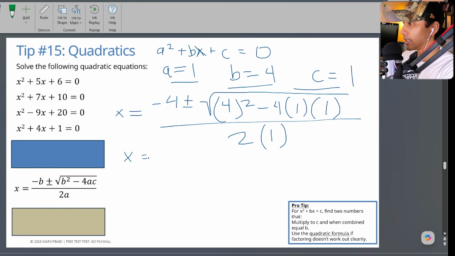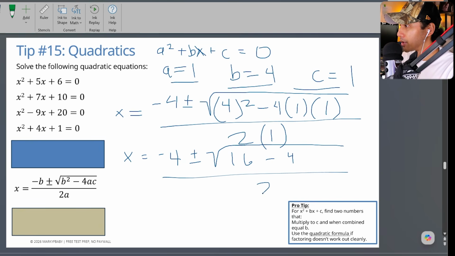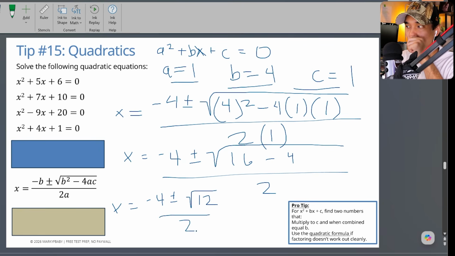So x equals negative 4 plus minus the square root of everything, and then 4 to the power of 2 is 16, and then minus 4 is going to be hard because it's not a perfect square. Okay, divided by 2, and then we get x equals negative 4 plus minus the square root of 12, okay, divided by 2.